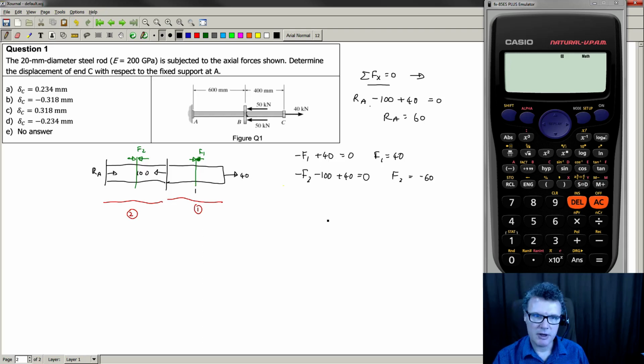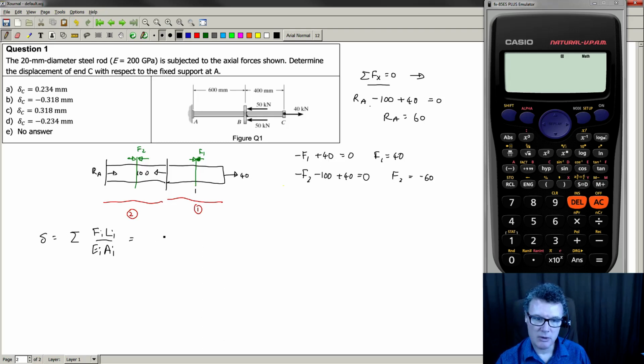The next thing the question is asking us is where does C move. So we want to look at the compressions and extensions in both sections, sum them up, and then we're going to get the total movement. So the equation we're going to use is that the displacement is based upon the sum of the internal forces times the lengths of those sections, divided by the Young's modulus and the cross-sectional area of those sections.